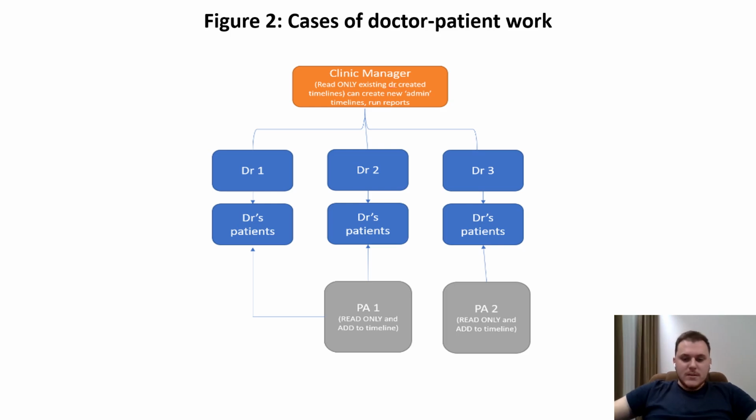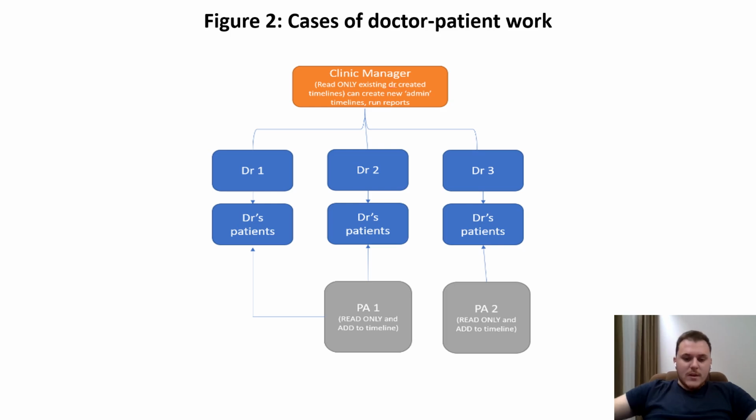The highest level in this hierarchy is occupied by the clinic manager, who has the ability to read all existing timelines, create new ones, and invite reports, and also initiate reports.